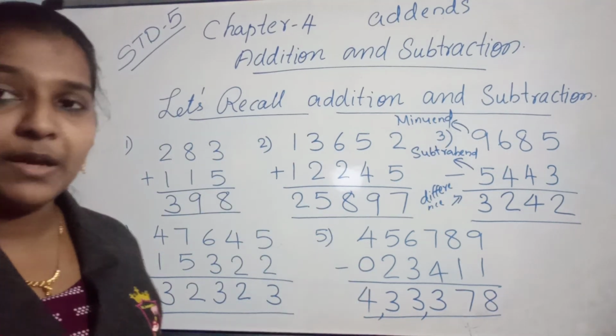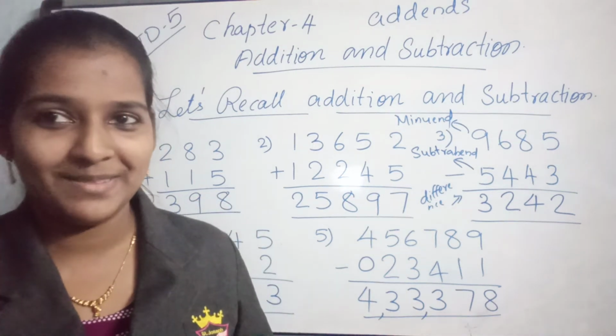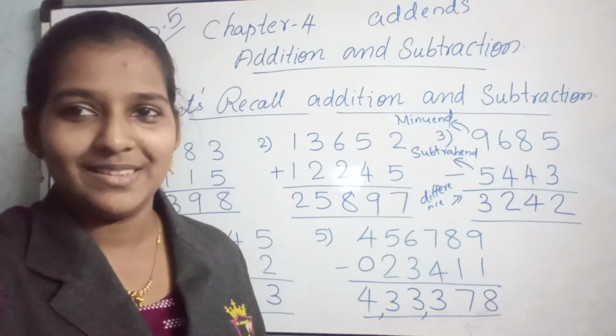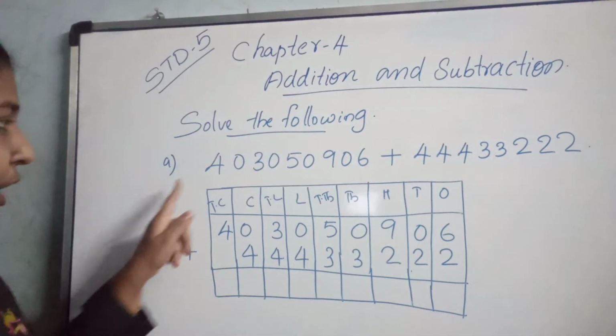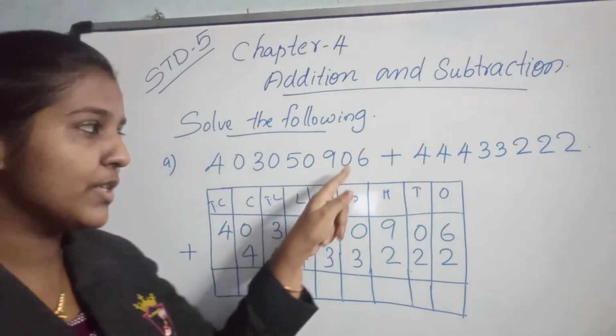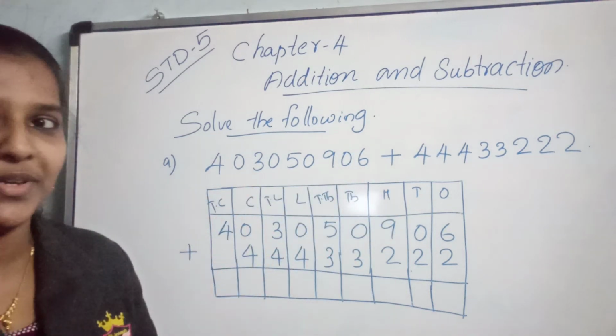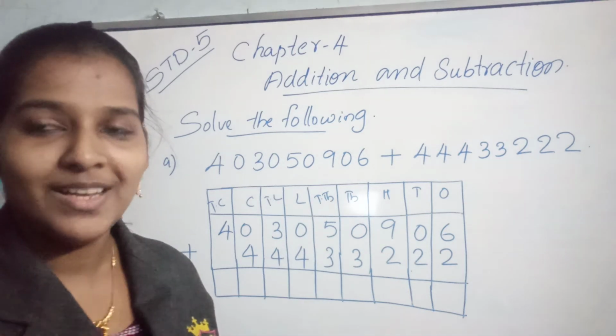Okay. Now we are moving to the addition of large numbers. Okay. Let's do that. Children, look at this question. 403050906. It's a large number, isn't it? Okay, you know how to read these large numbers, isn't it? Yes.